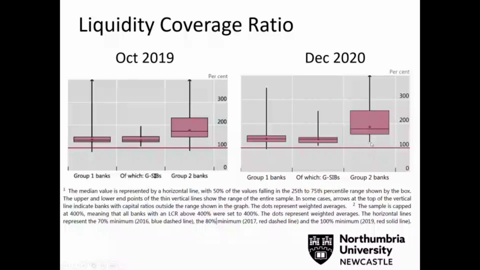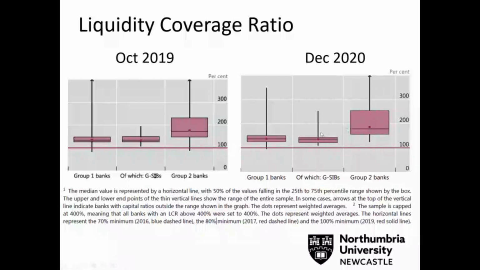But on the whole here for Group 2, you can see in the October 2019 report there was at least some banks or one bank in the sample that didn't actually meet the liquidity coverage ratio. But this suggests that all banks in Group 2 did meet the liquidity coverage ratio, and some of them certainly exceeded well above 300% coverage.